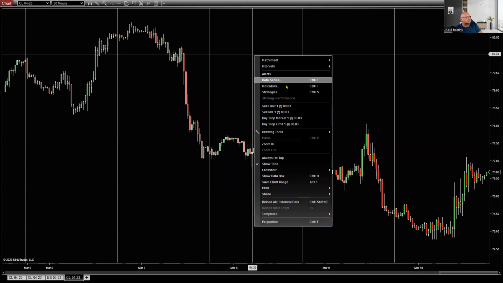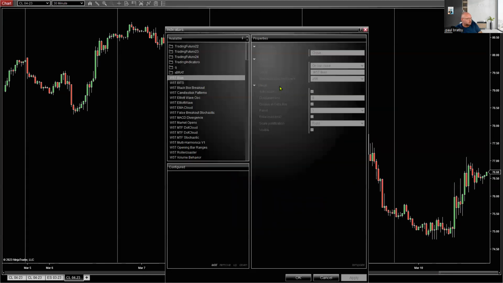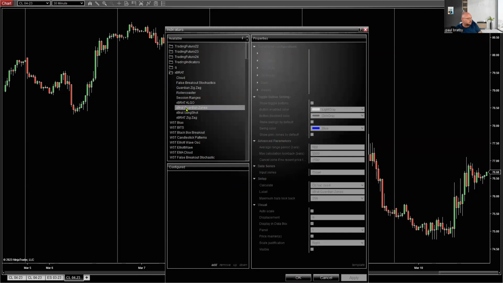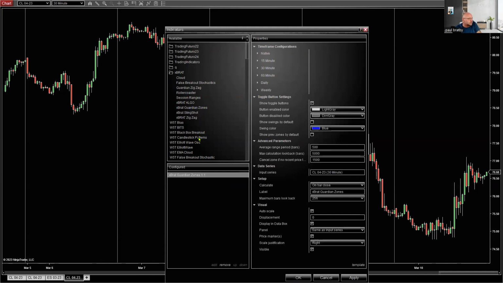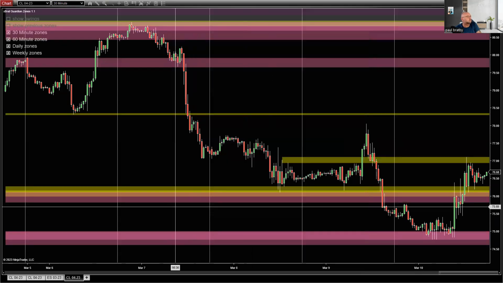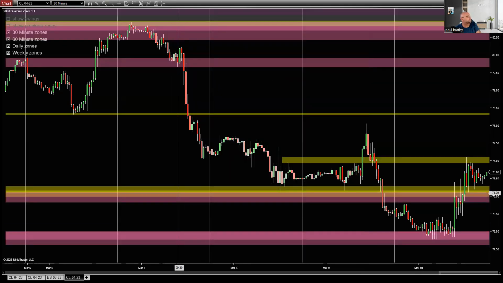Right click. Indicators. In the little xBrat folder here, double click, you will see Guardian zones. You might not see all of those because if you haven't got them, they won't do it again. Double click on Guardian zones, they go down to the bottom here. Click apply. And they will appear.